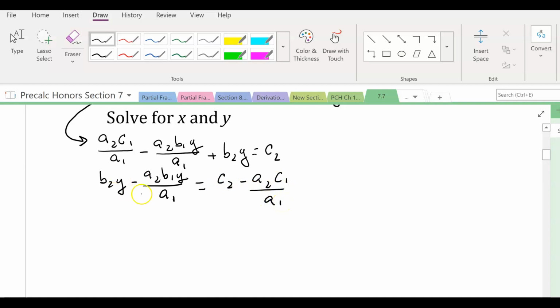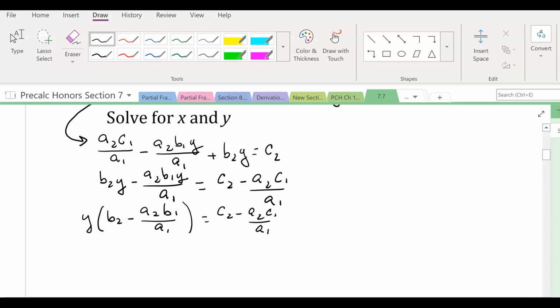Alright, then let's factor a y out of both terms on the left. So I've got y times b2 minus a2b1 over a1, and that's going to equal c2 minus a2c1 over a1.